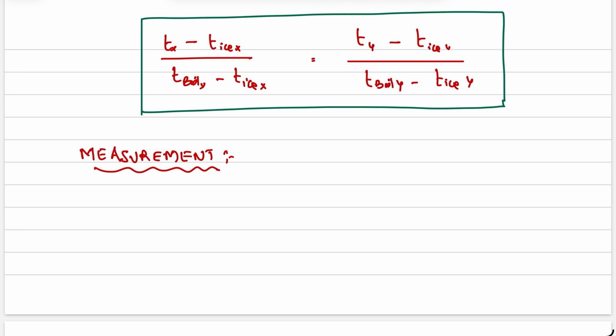How can you measure something if you don't have the proper equipment with you? To measure the physical quantity, we require an equipment. And what are the different types of equipment available for measuring the temperature? It is done by thermometers.